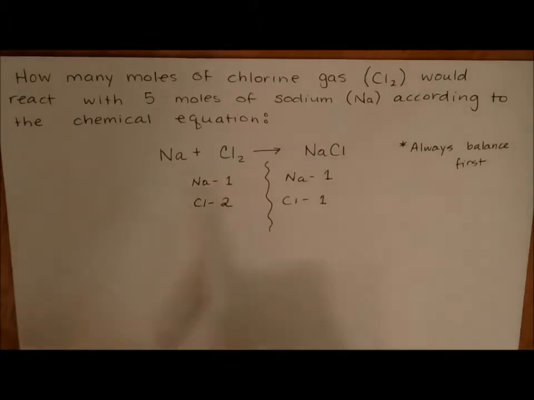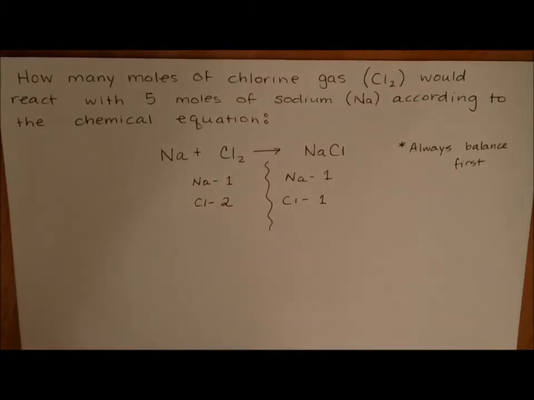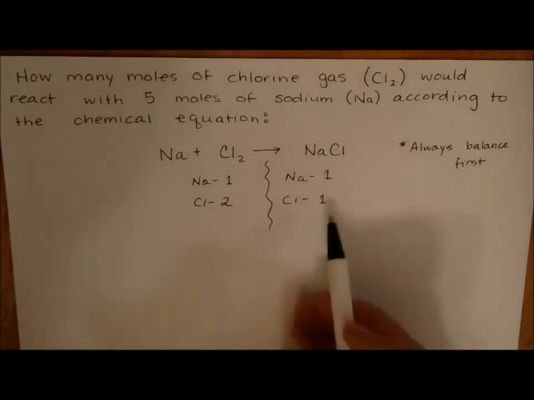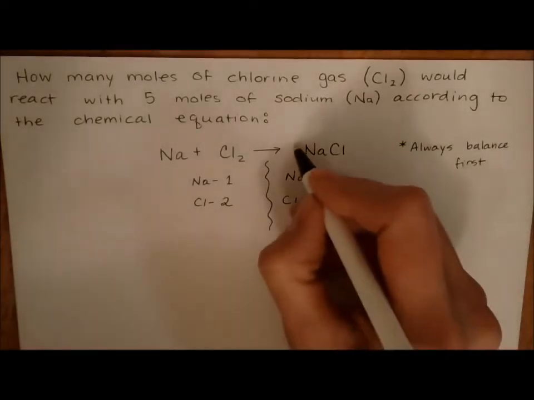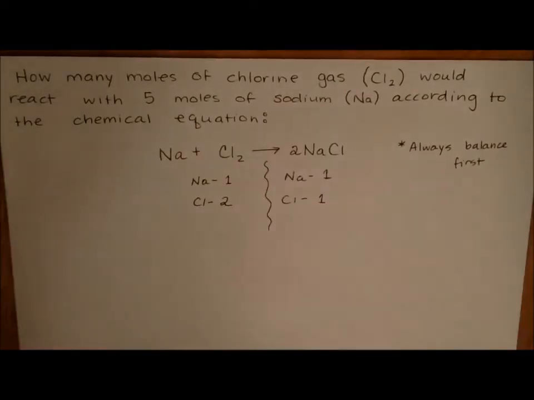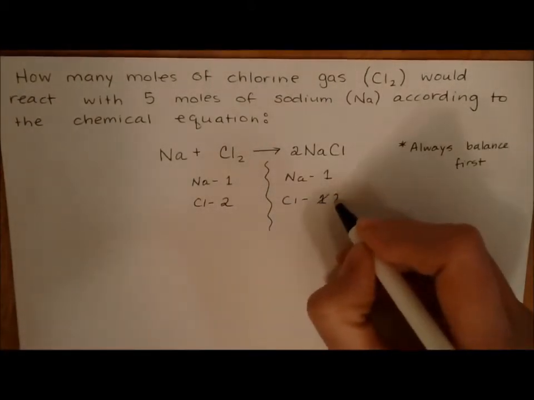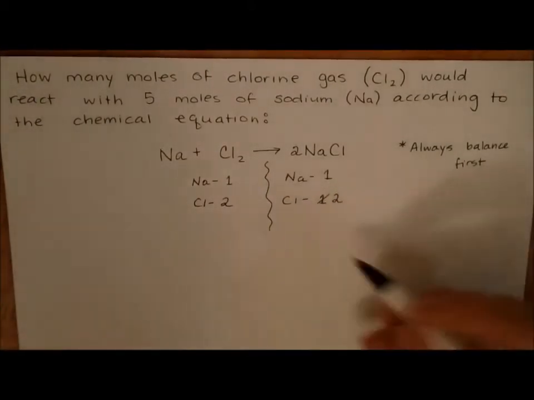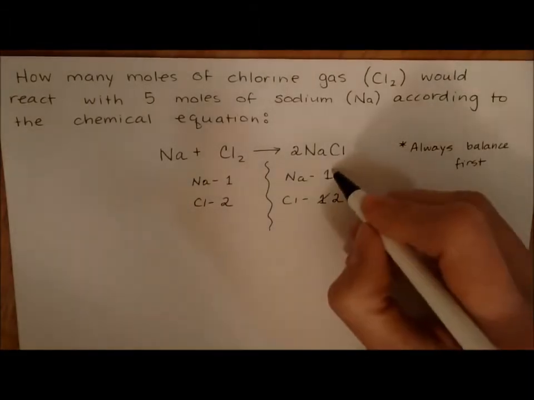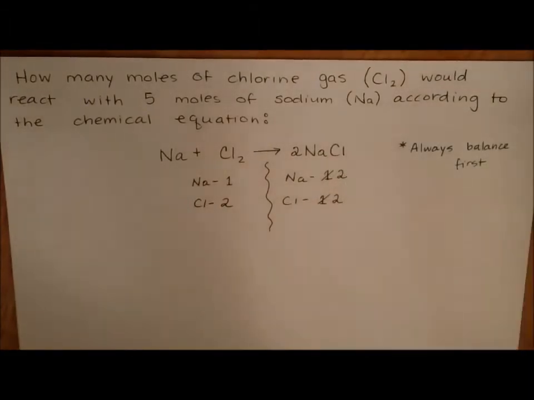I need to make these equal. So right now I have 2 chlorines over here, and to make 2 over here, I have to put a coefficient of 2 right there, which changes the number of chlorines to 2 and the number of sodiums to 2.